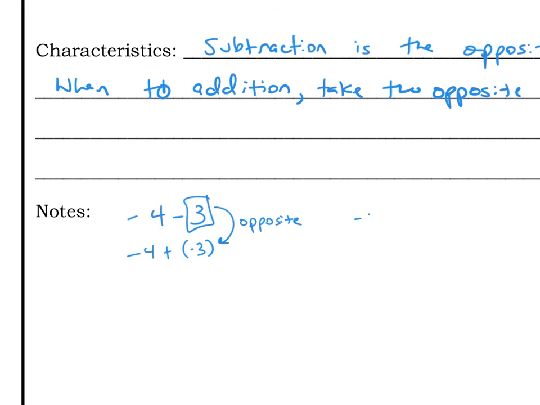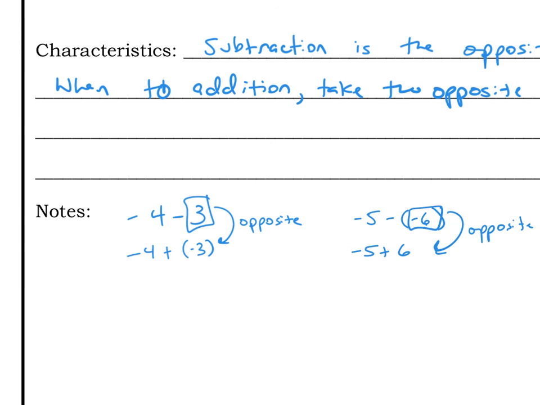If I had -5 minus -6, again, when I change it to addition, because this is negative, it becomes its opposite, which is +6. Then from there, you can just follow the rules for addition.